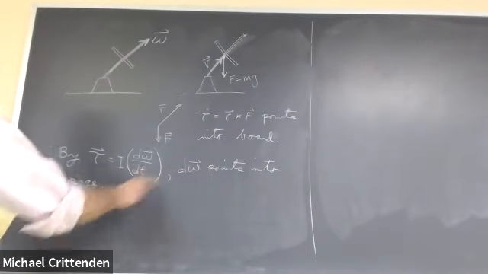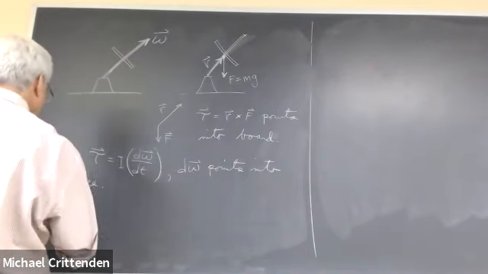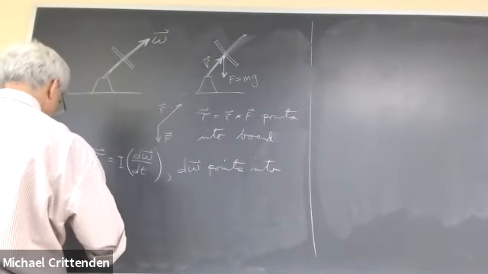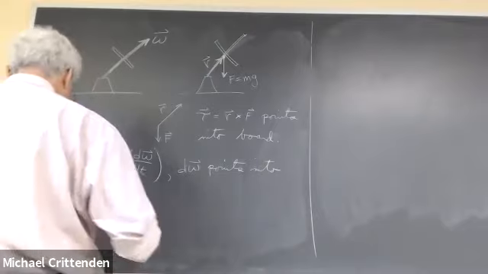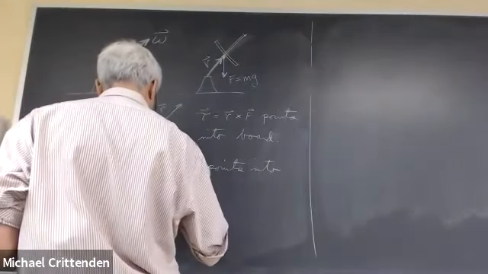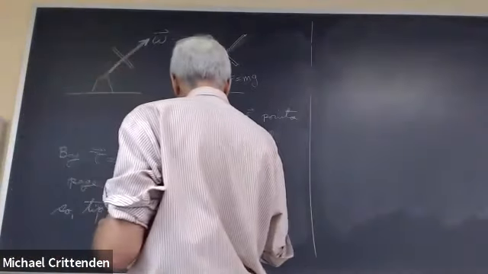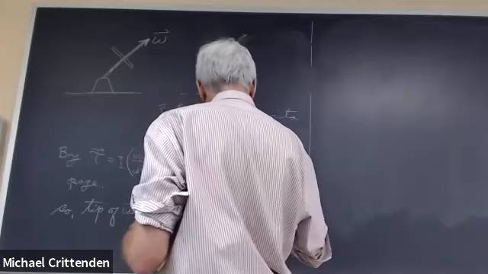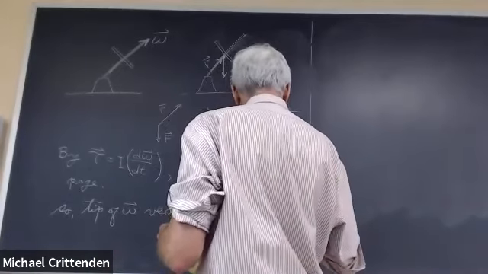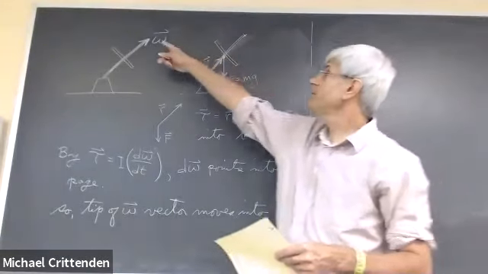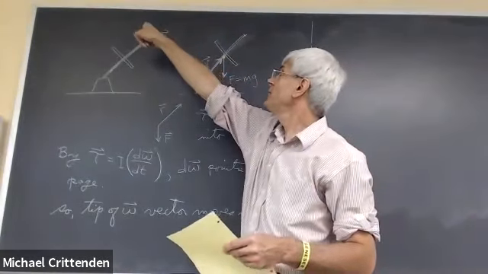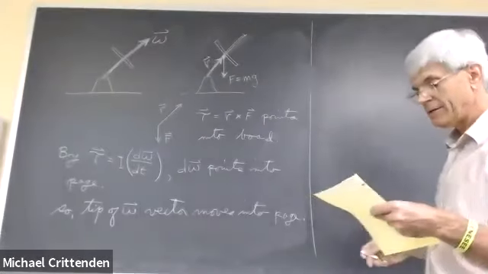So if d omega points into the page, the tip of this omega vector moves that way rather than getting lengthened or shortened.